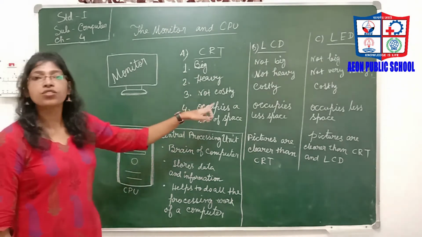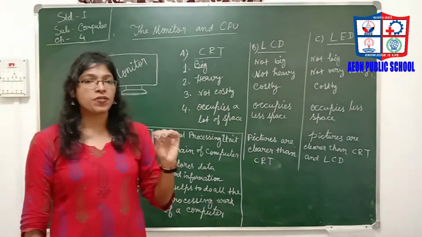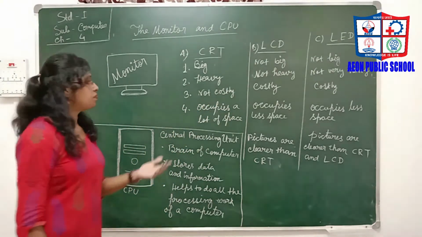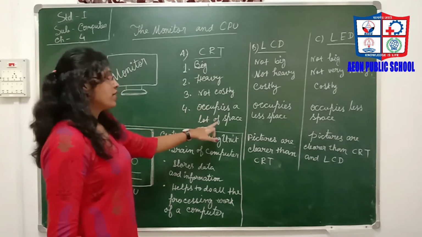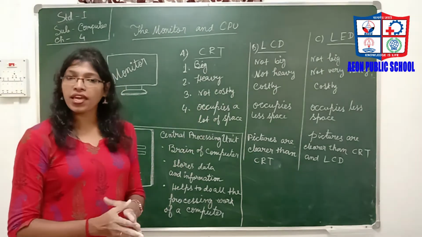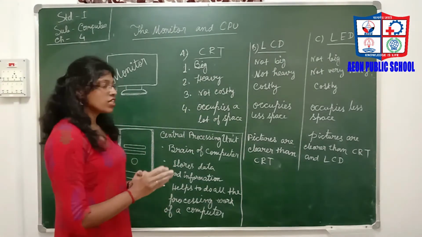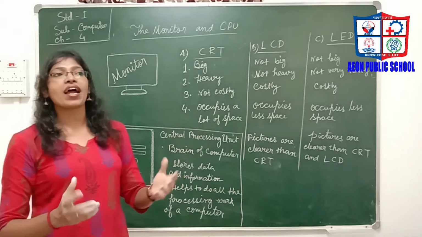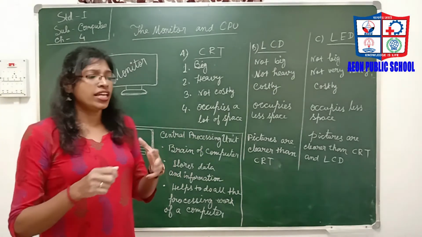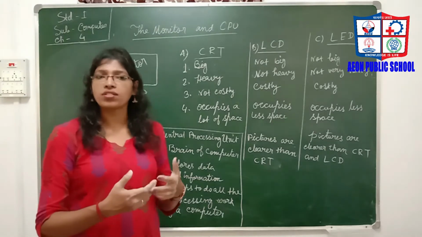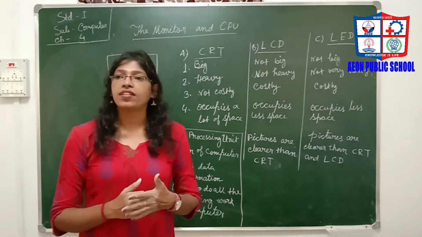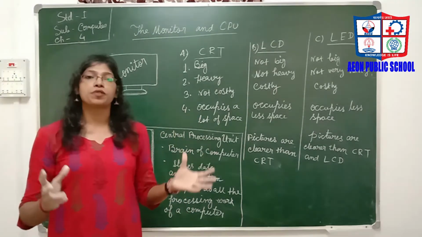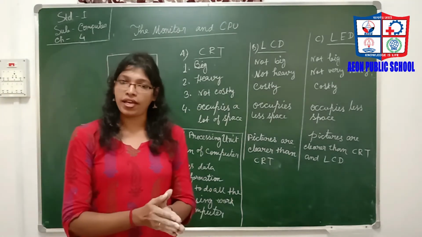It is not so costly, that means it is cheap, and it occupies a lot of space. So a CRT monitor is big in size, heavy in weight, cheap in rate, and takes a lot of space.